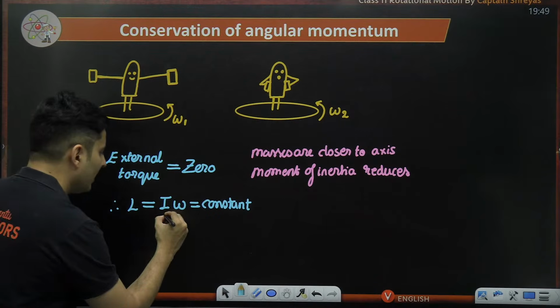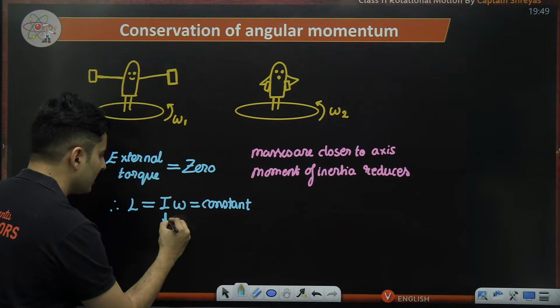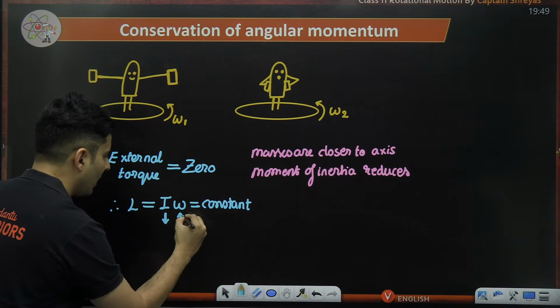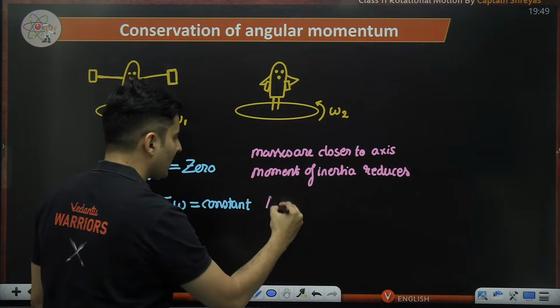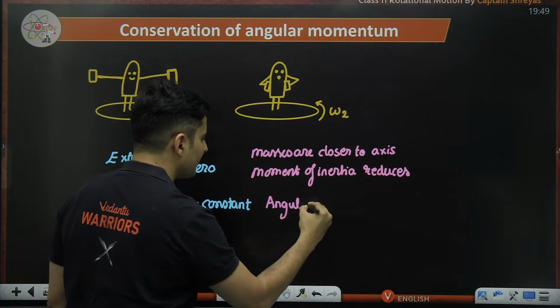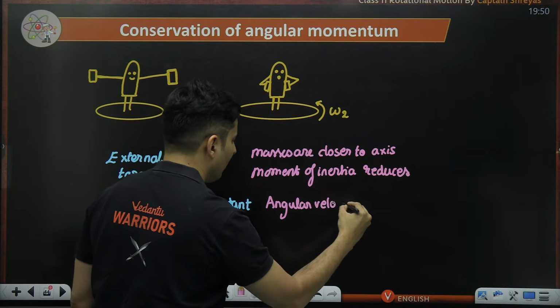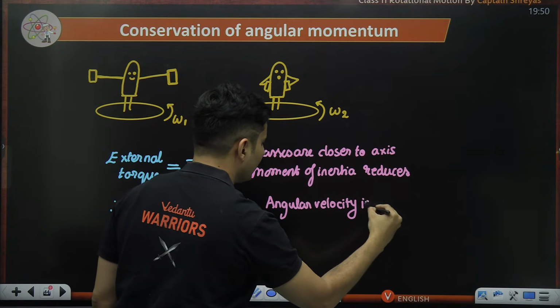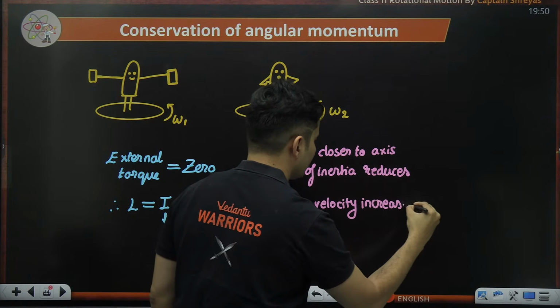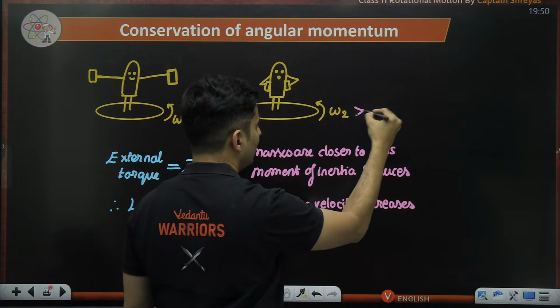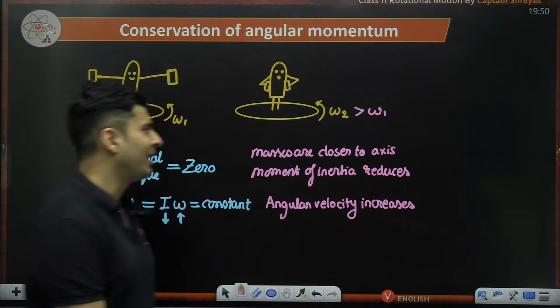So think now, if moment of inertia reduces, what should happen to angular velocity to keep the product constant? That is why you will see angular velocity will increase. That is why omega 2 will be more than omega 1.